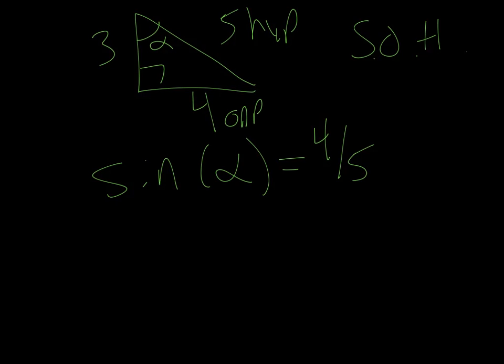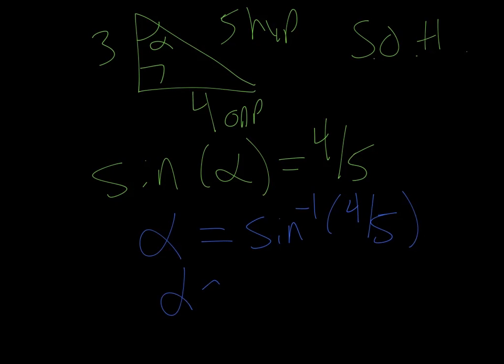And again, I just do sine inverse of both sides, in essence canceling out the sine and sine inverse on the left side, leaving me with sine inverse of 4/5 on the right side. I run to my calculator, make sure I'm in degree mode. So sine inverse of 4 divided by 5 is going to be equal to roughly 53.13 degrees.